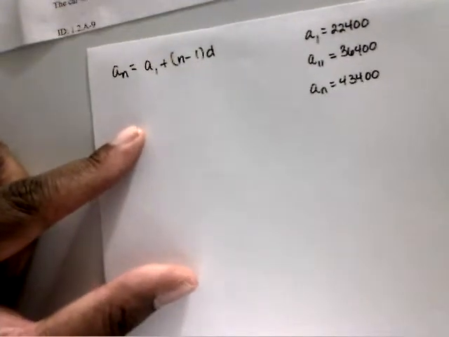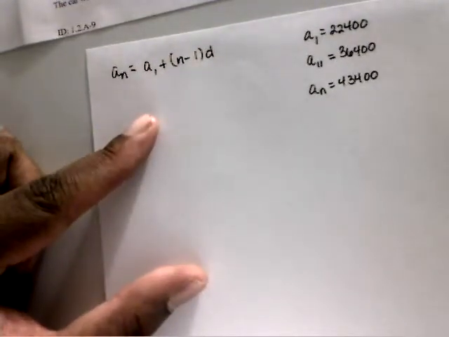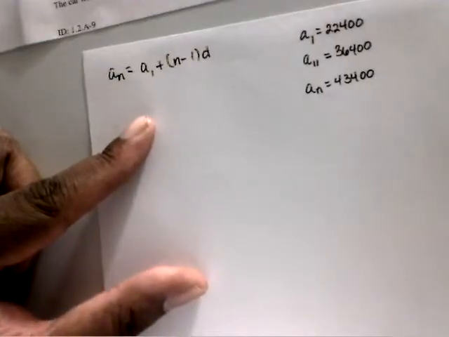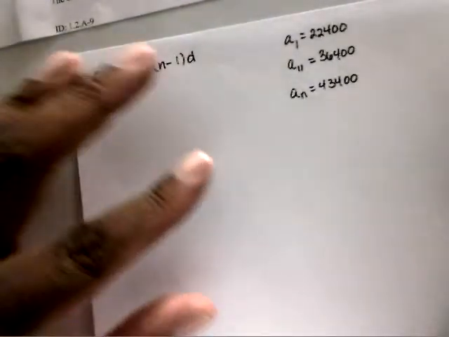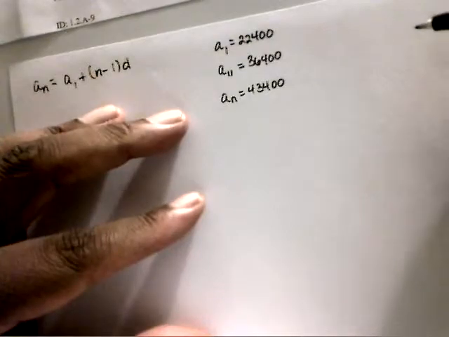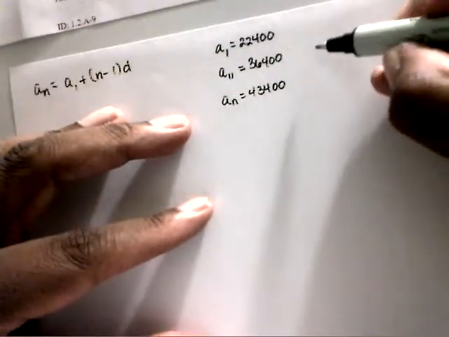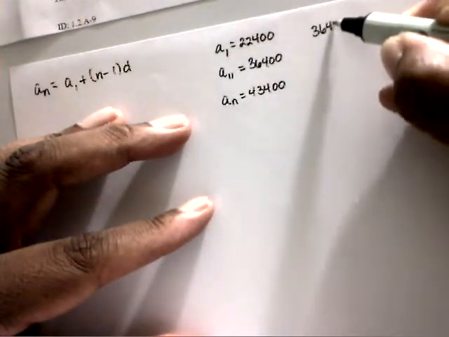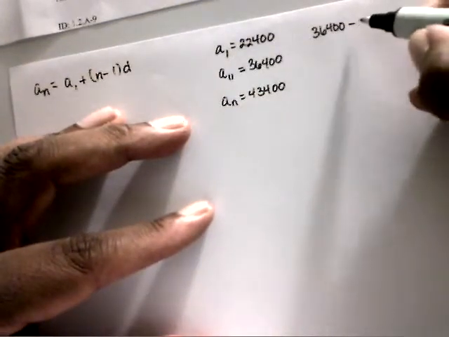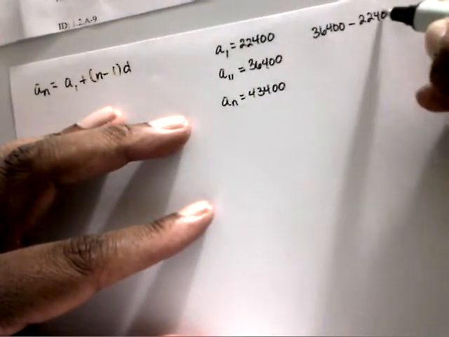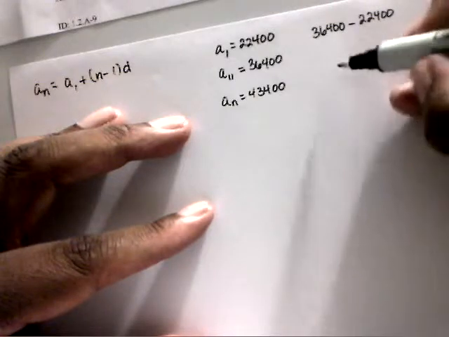Okay, now next, here's what I'm going to do here. I know A sub 1 and I know A sub n. Here's how I'm going to find out what d is. Okay, compare the difference between $36,400, which is the 11th year, and $22,400, which is the first year.